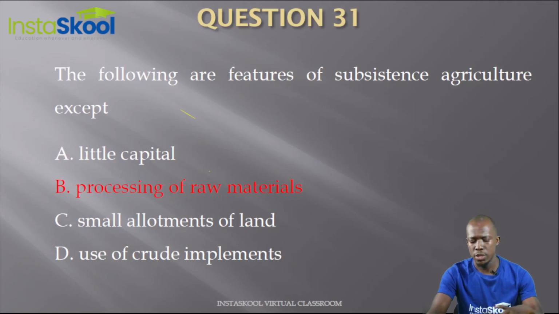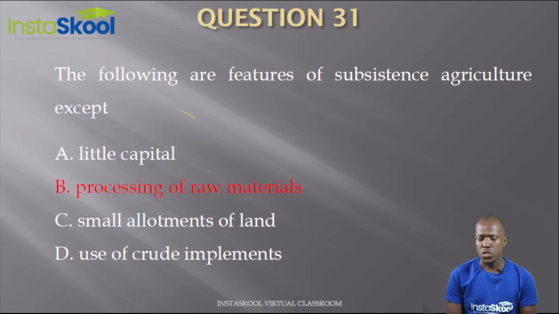Question number 31. The following are features of subsistence agriculture, except for one. Subsistence agriculture is small-scale agriculture, small-scale farming. So, which one is not a characteristic of small-scale farming? A, little capital. Yes, that's a characteristic.